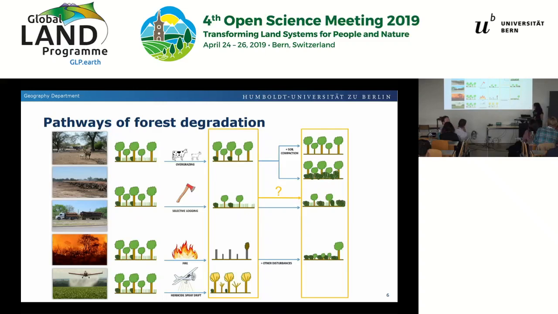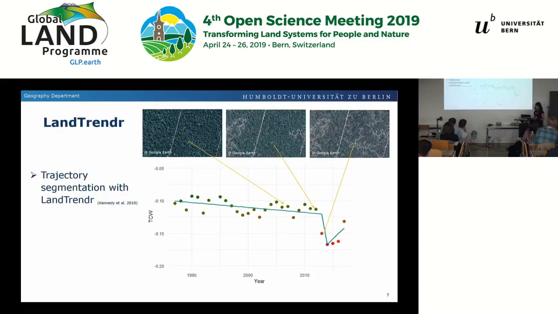So I'm going to continue talking about this second point, monitoring forest changes in the Chaco. We decided to use Landsat. This is a very well-established algorithm of time series segmentation. What you can see here as an example is the time series from a pixel.